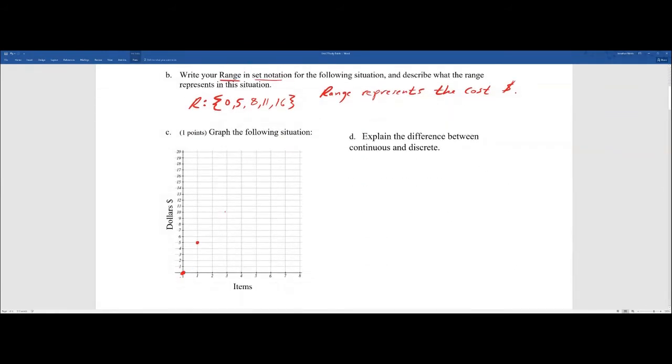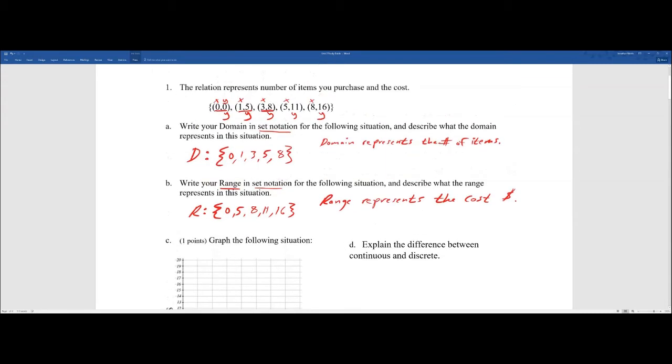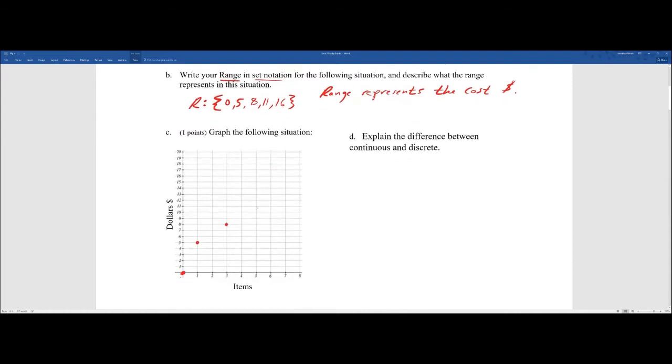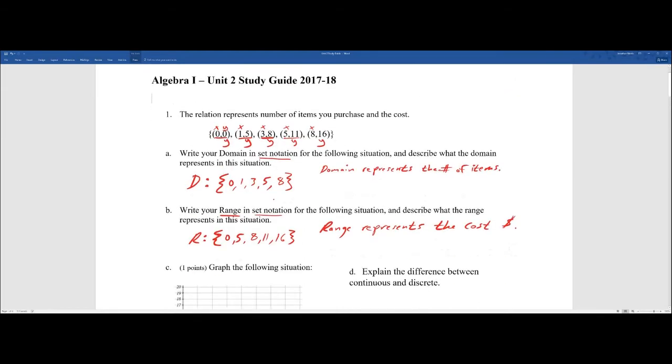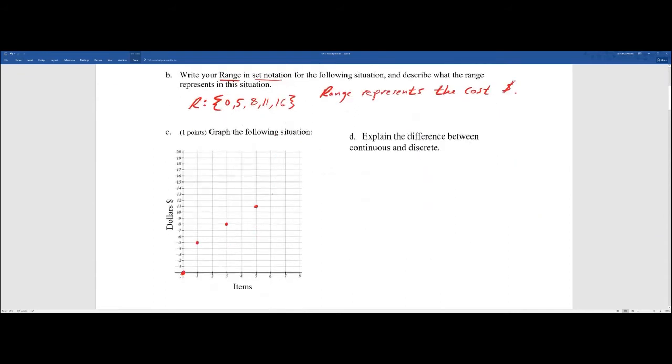So we're going to go to 3, comma 8. And then 5, comma 11. I'm just going off the ordered pairs for our relation. And last but not least, 8, comma 16.